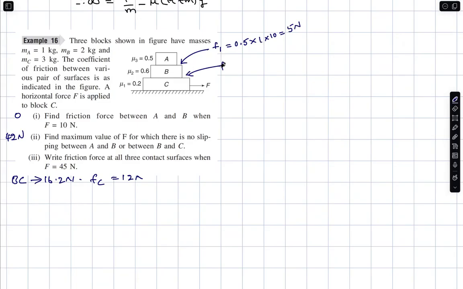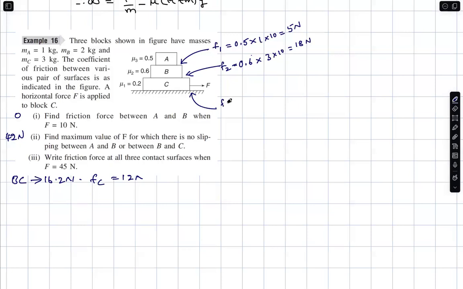Here the friction limiting values are 0.6 into 2 plus 1, 3 into 10, 18 newtons.